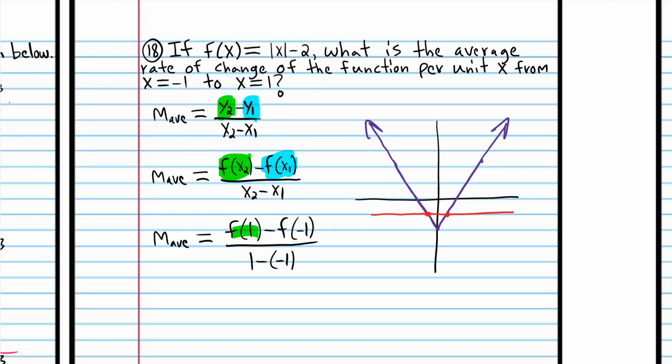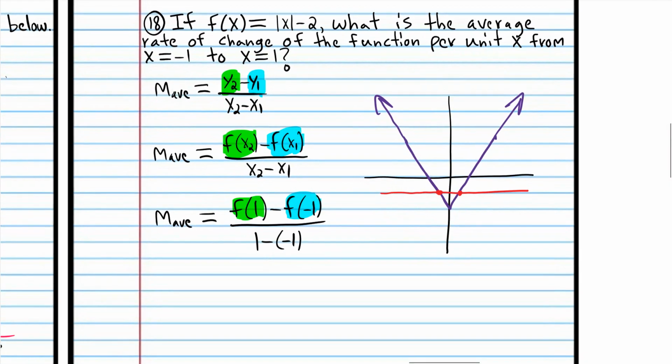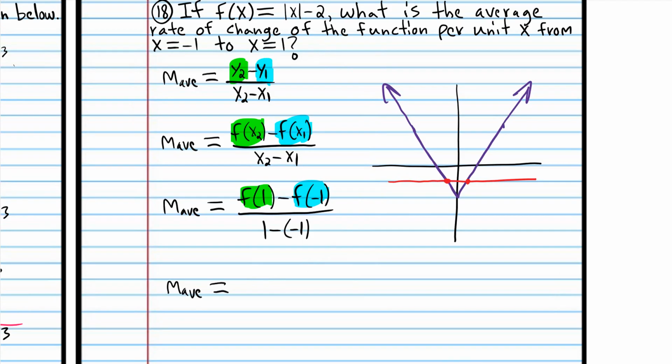These are the same values that we have up there. So now we actually have to calculate f of 1. To do that, you'd plug in 1 to this function. So absolute value of 1 minus 2, that's the green f of 1.